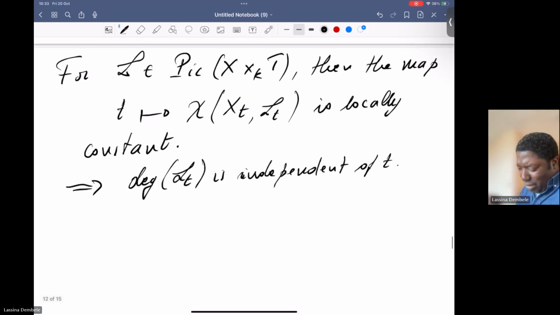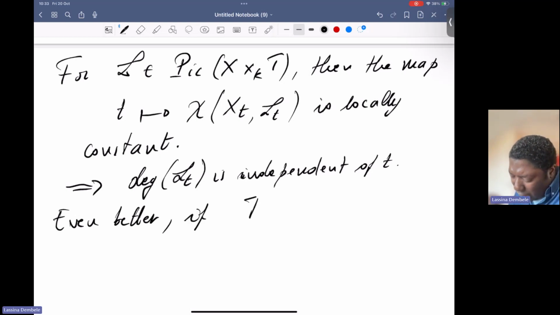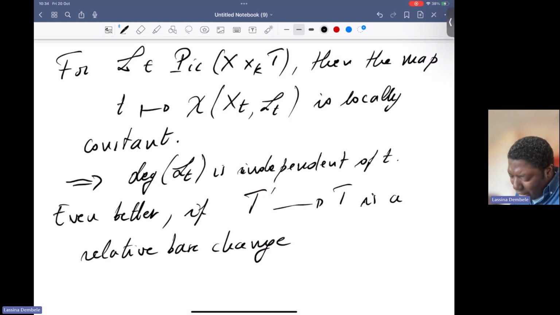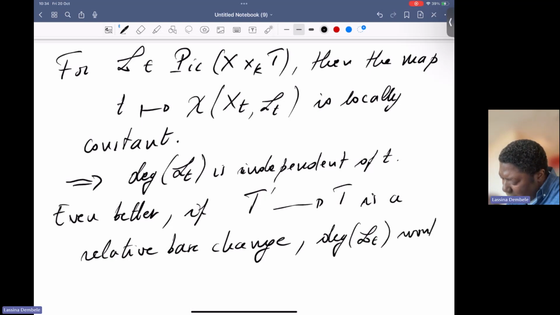And even better, if you let T' to T be another relative base change, the map is still well behaved, would still be unchanged.